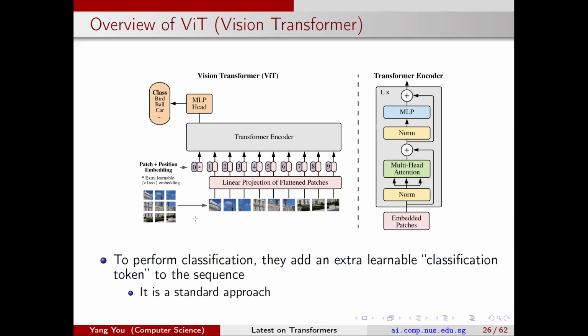Now we want to do classification applications, because in CV, like ImageNet, we have many classification applications. To perform classification, we also need an extra classification token. That's the global information. That's the second trick for ViT.